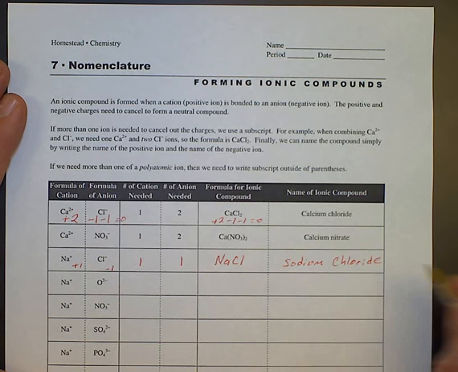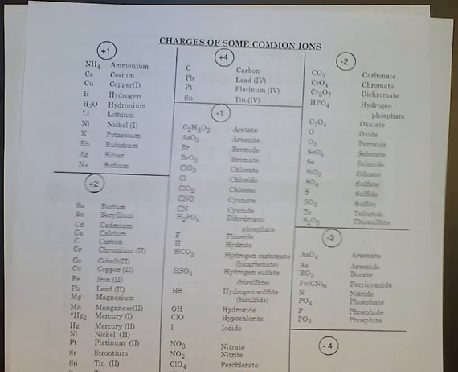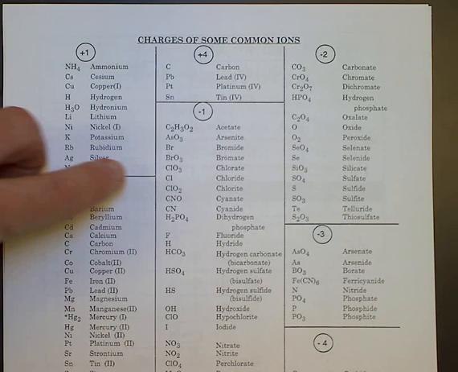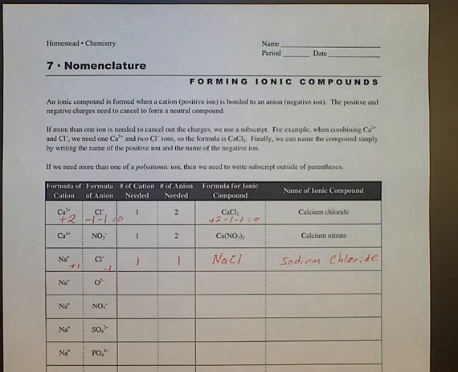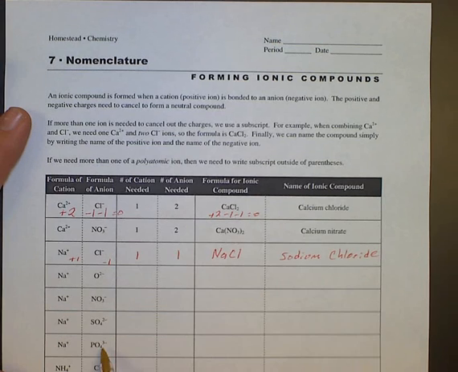And again, to find the names of the ions, I'm simply looking on my ion sheet, finding sodium right there, finding chloride right there, and writing those down. Let's look at one down here, this sodium and this PO4, this phosphate ion.